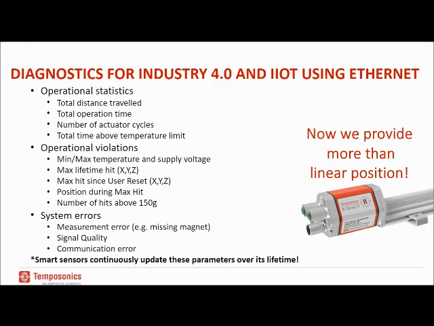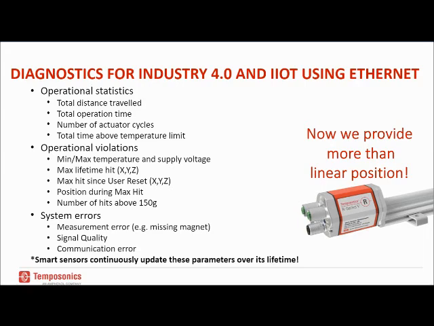For example, temperature, min and max, or the power that's actually supplied to the sensor. If you have a power that drops below a certain amount, the sensor won't work. So you want to be able to know over time, am I having issues with loss of power to my sensor, or excessive power, if you will, too much power to the sensor.